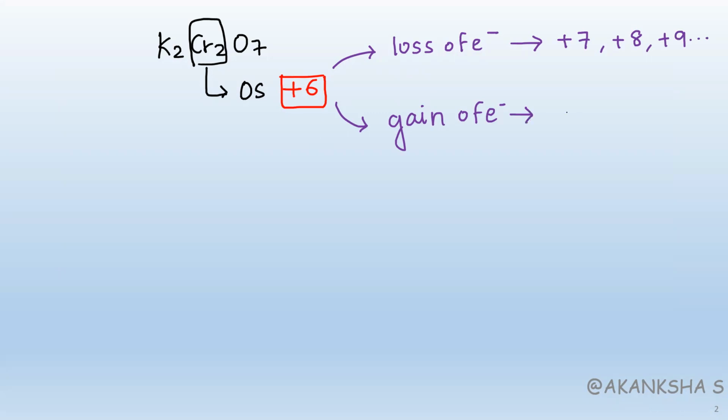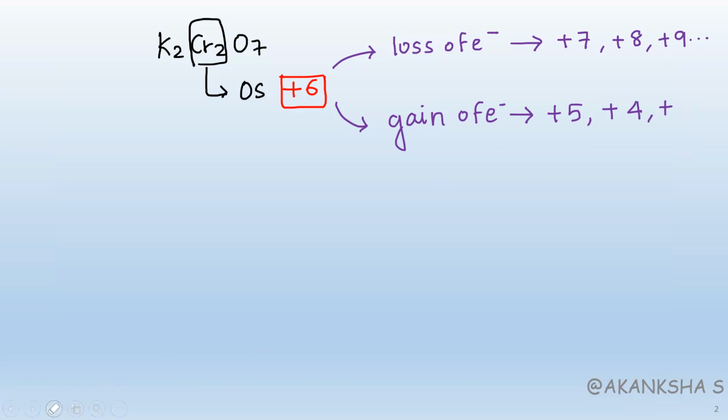If there is gain of electrons, on the other hand, we might get +5, +4. So with every gain of electron, your plus charge is going to decrease, right?